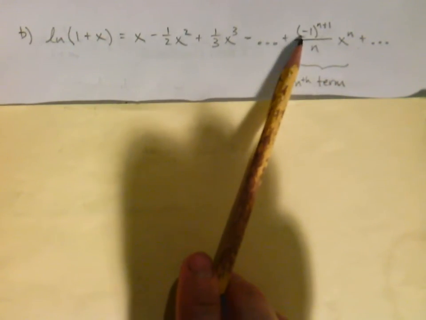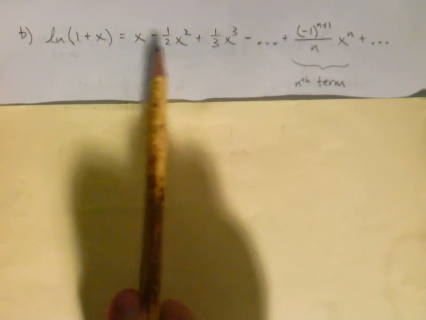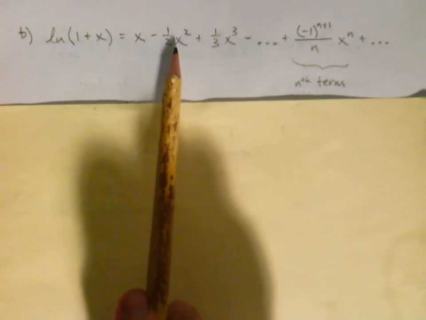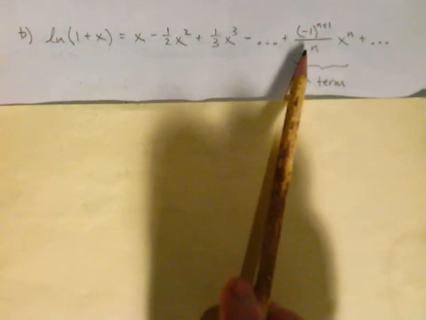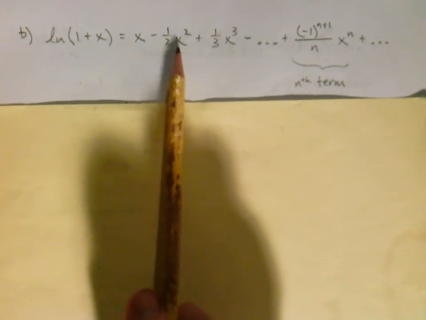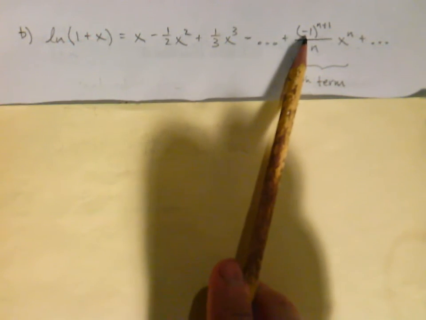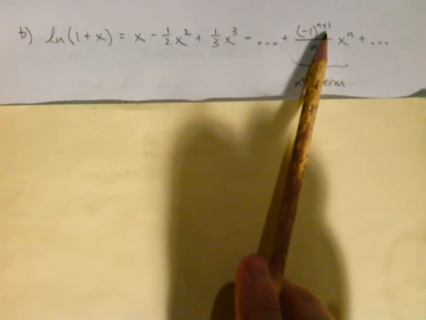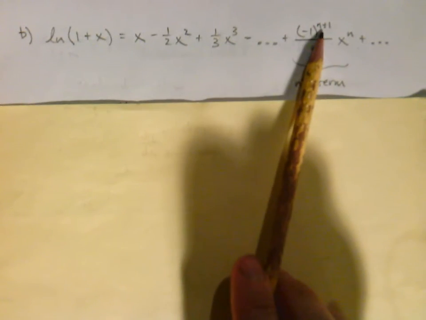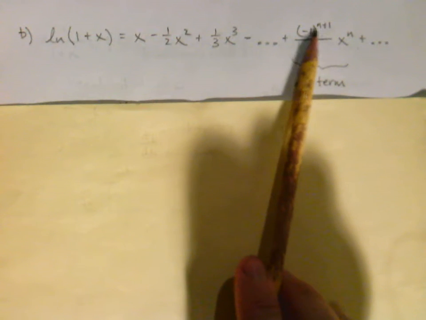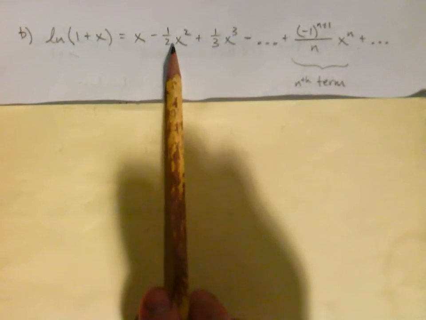Okay, so what's going on here? Especially that negative 1 raised to the n plus 1, what's that from? Notice the terms here are not always being added. We've got positive, negative, positive. The next one will be subtracted. So if they're going positive, negative, positive, then somewhere in there is going to be negative 1 raised, in this case, to the n plus 1. If n is an even number, then we get a negative term.